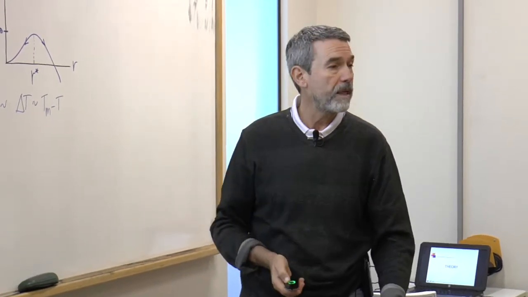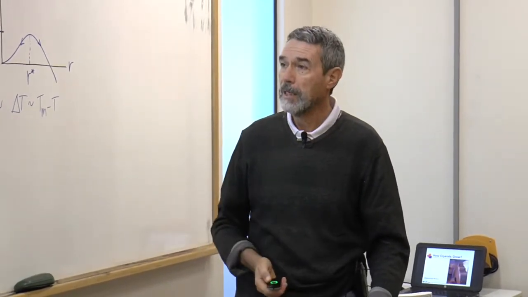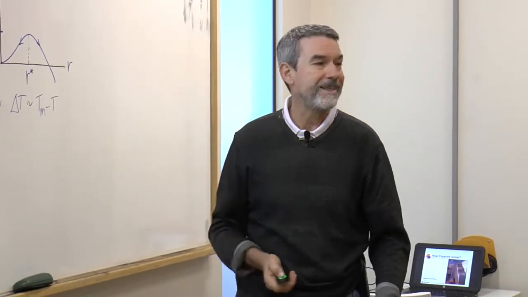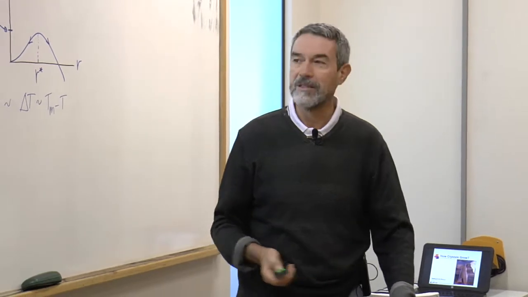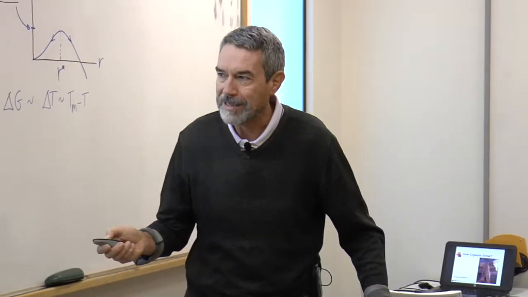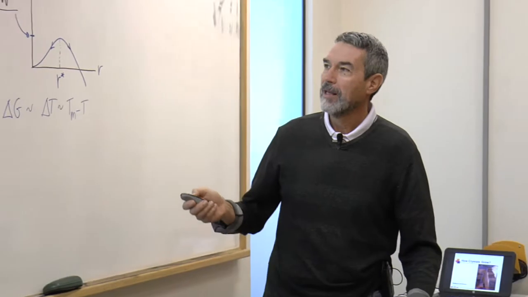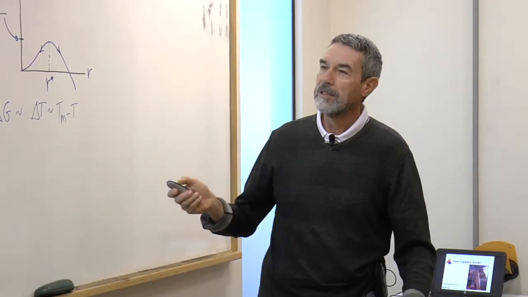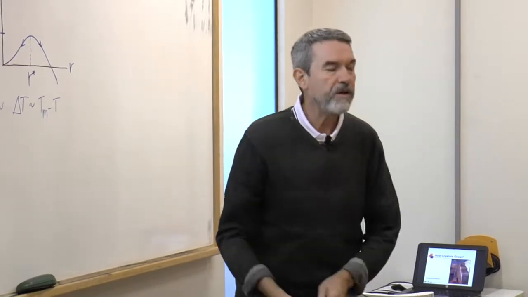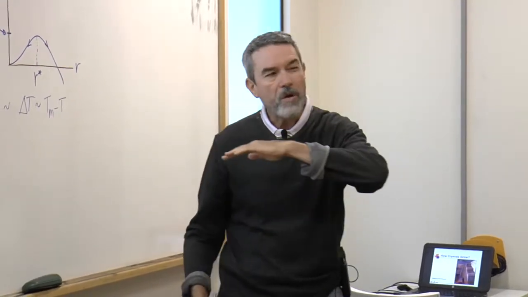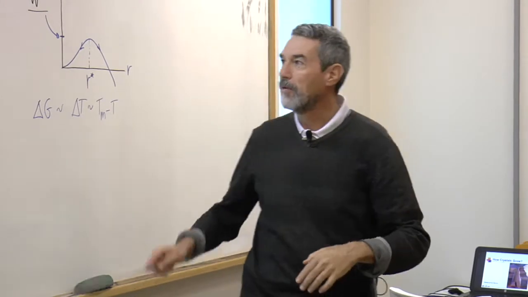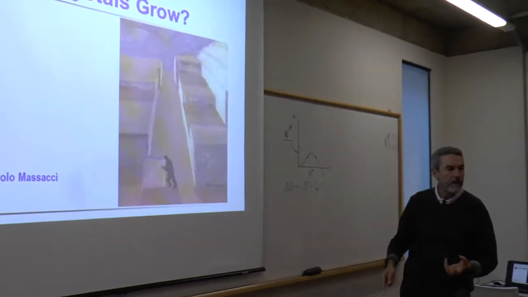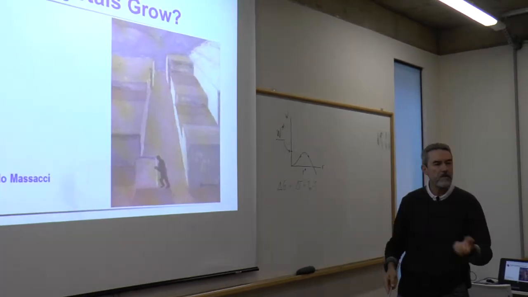So let's take a look at the theory. How do crystals grow? Well, there's a very famous painting by an Italian artist called Paolo Masacci. This painting is interesting because if you think of the surface of a growing crystal, it's not always perfect, you know. Think of these blocks as structural units.